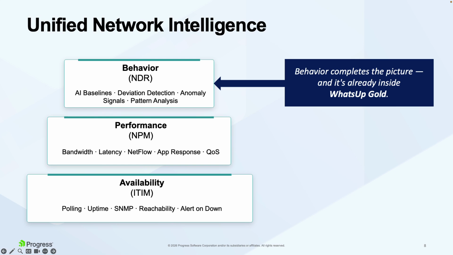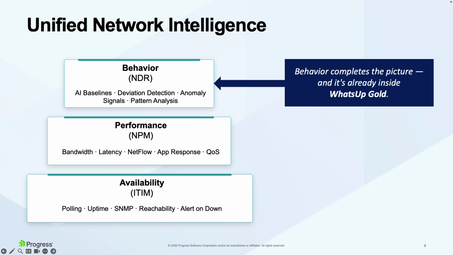Then, you need to maintain performance. So network performance monitoring, monitoring for bandwidth, latency, and that sort of thing, or quality of service. But there is a third pillar that is now being introduced within the WhatsUp Gold solution. It's our product, and that is behavior, also known as network detection and response capability.